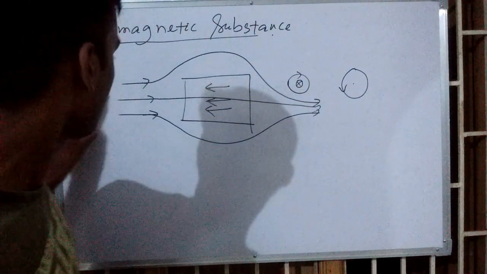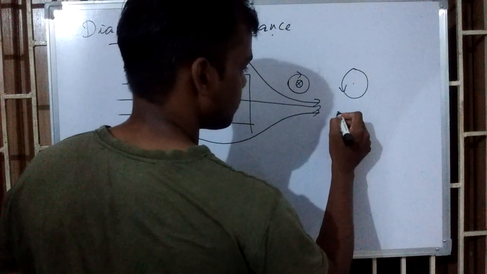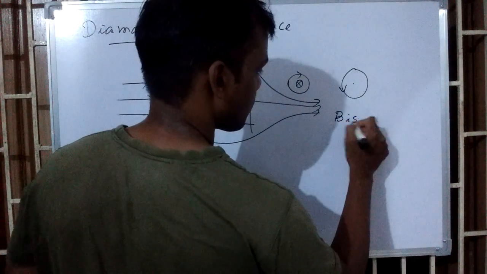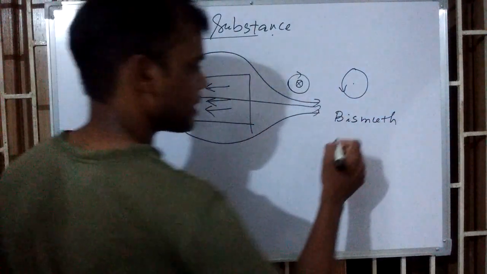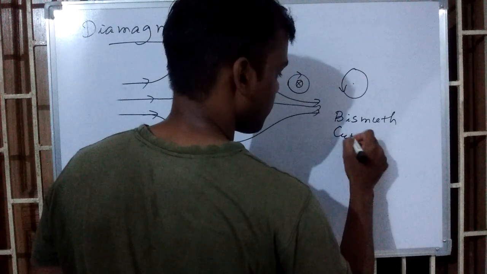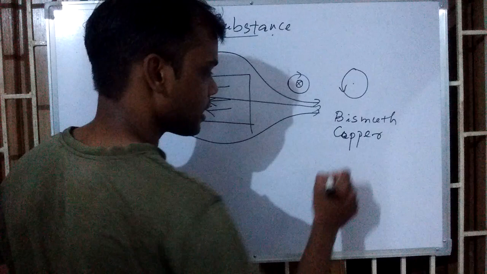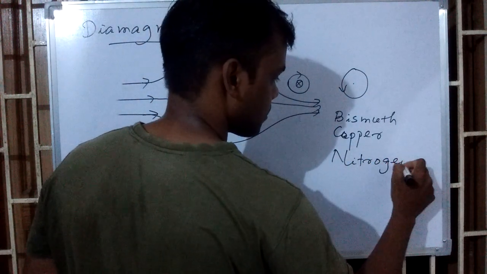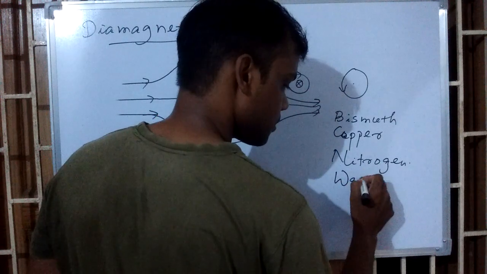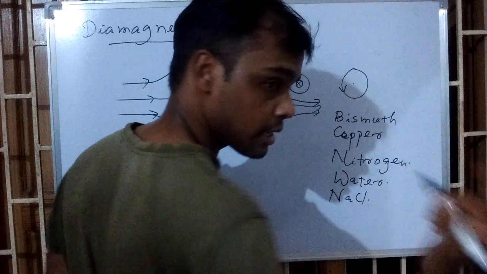Now we shall go through some examples. Examples are bismuth, which is a typical diamagnetic substance, then copper, nitrogen, water, and sodium chloride, your normal salt.